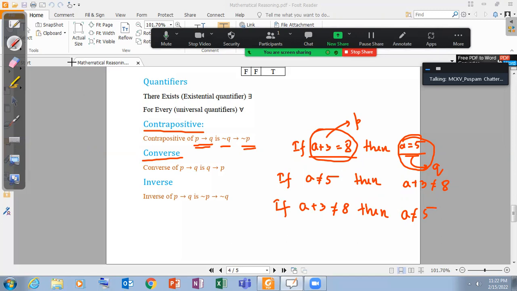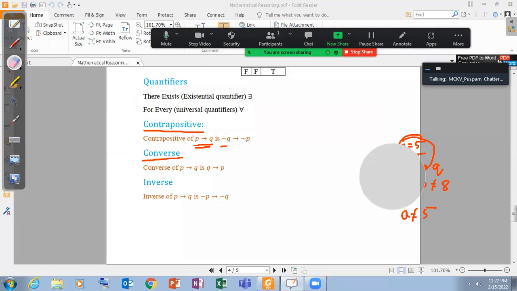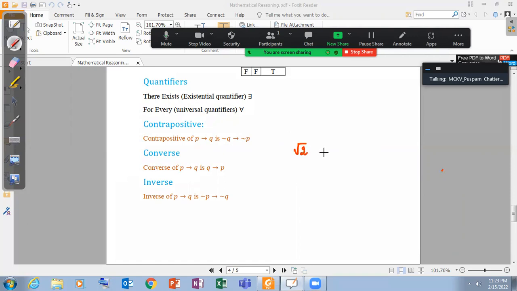So very important concept here. These are the methods of proving. There is another method of proving called contradiction. I would like to remind you, you used to do this in your junior classes: prove that root 2 is an irrational number.